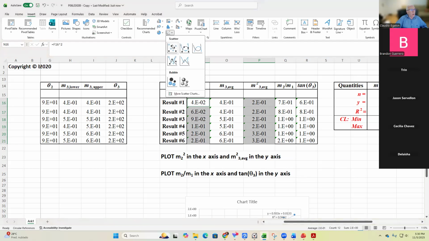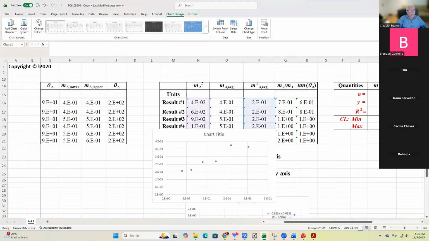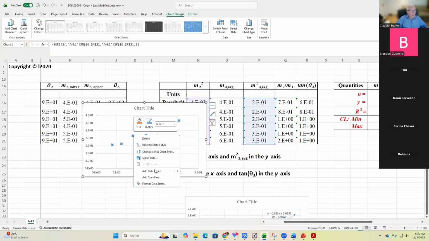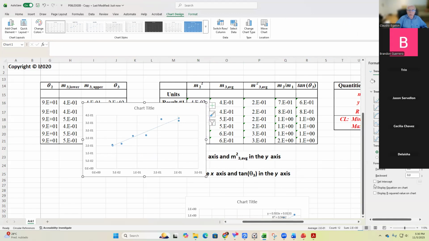And when you plot, you get this plot here, points all over the place, right? Yeah. So, hang on. It's giving me two different things.